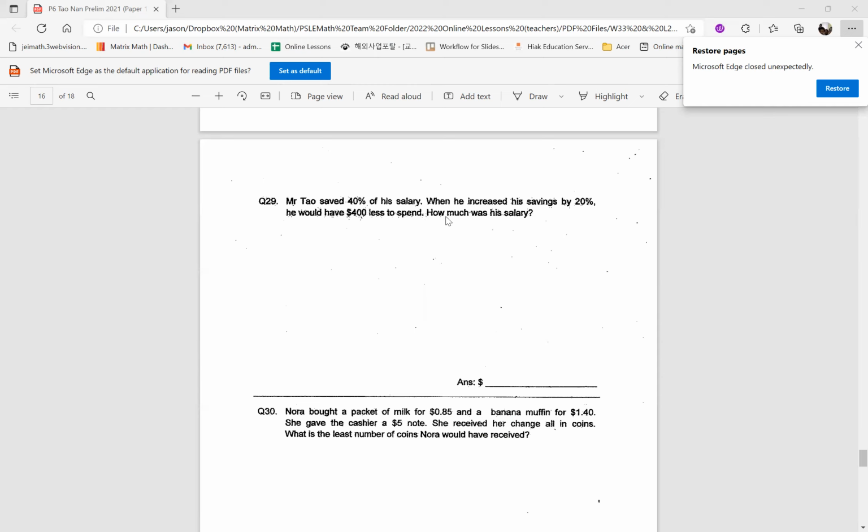How much was his salary? Isn't the 400 the 20%? 400 is when he increased savings by 20%. Yeah, you can say that. Okay, 400 is 20%. Sounds like it, I think so.